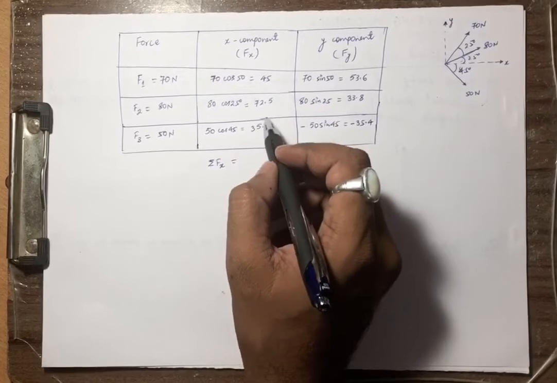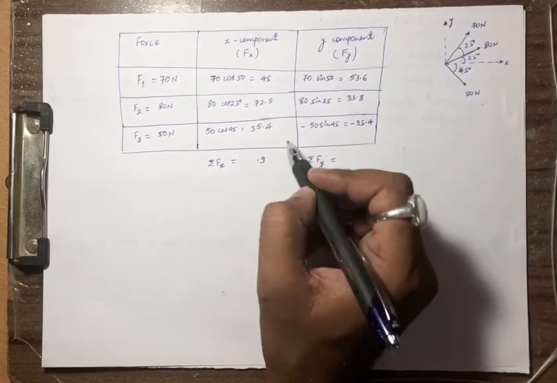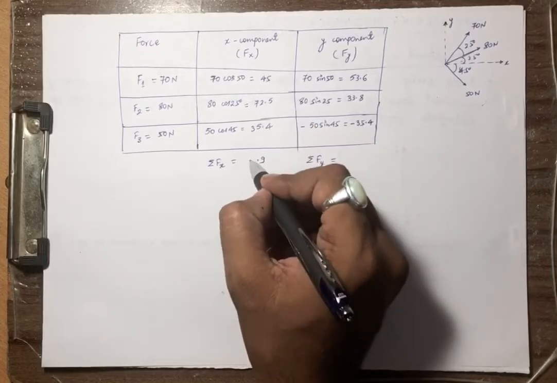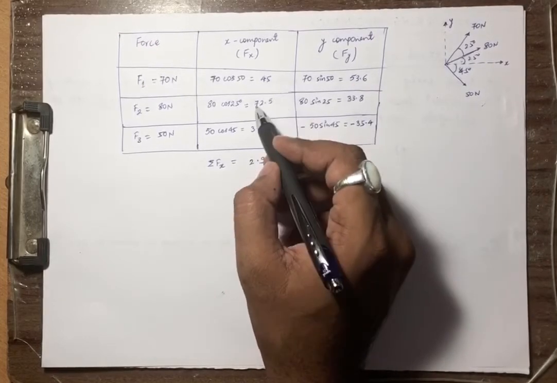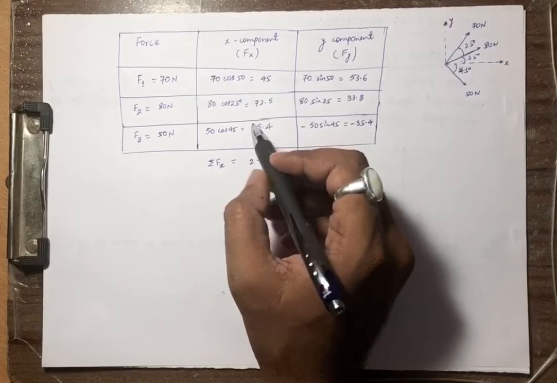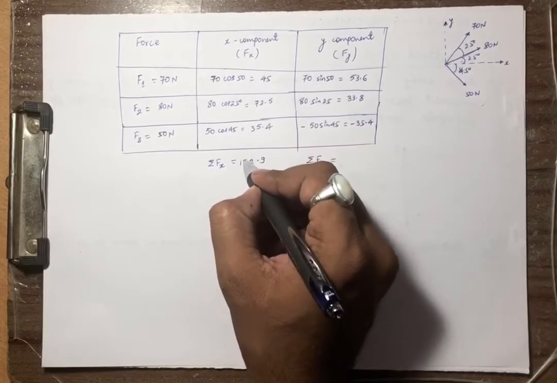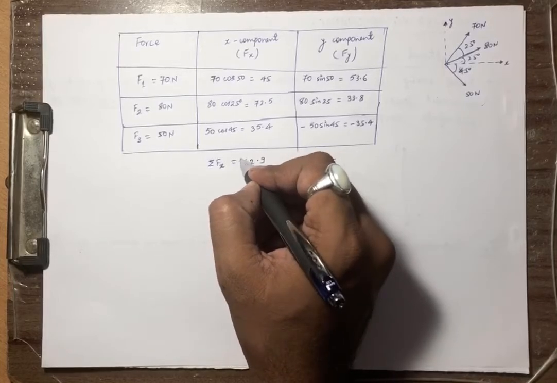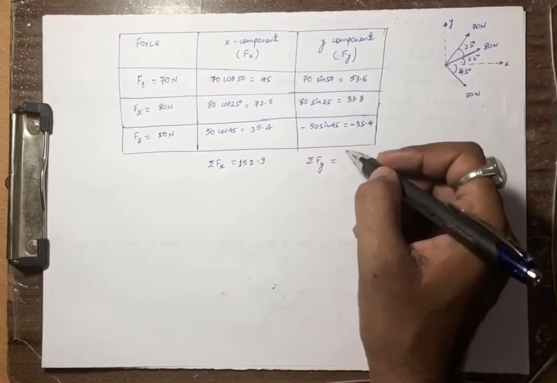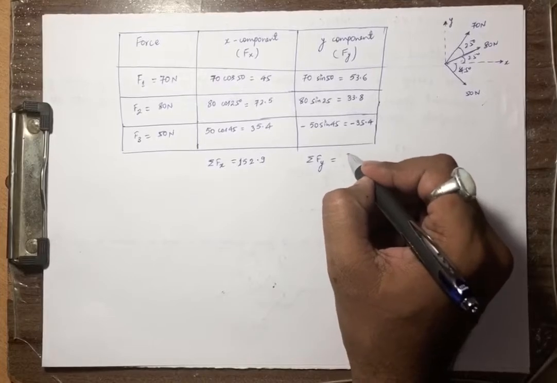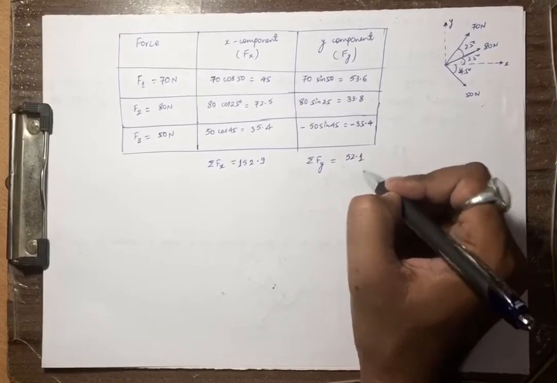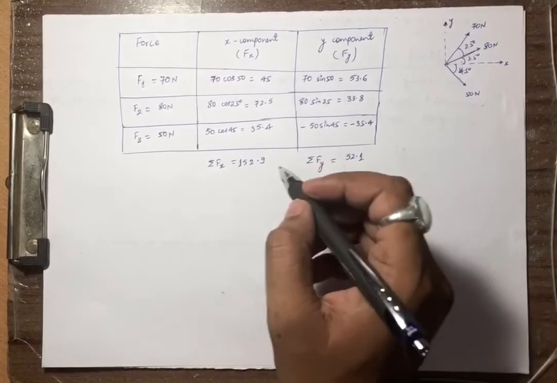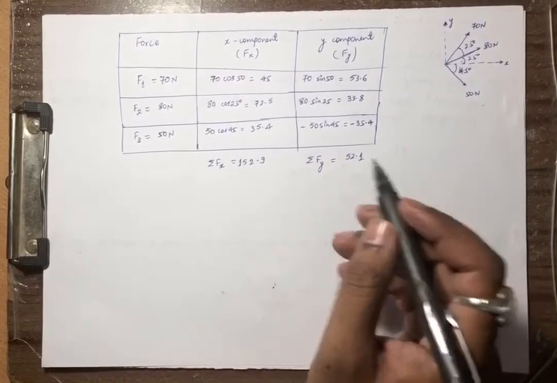So summation Fx is coming to be 152.9, and summation Fy is coming to be 52.1. Just check whether it is correct or not. I hope it will be correct.